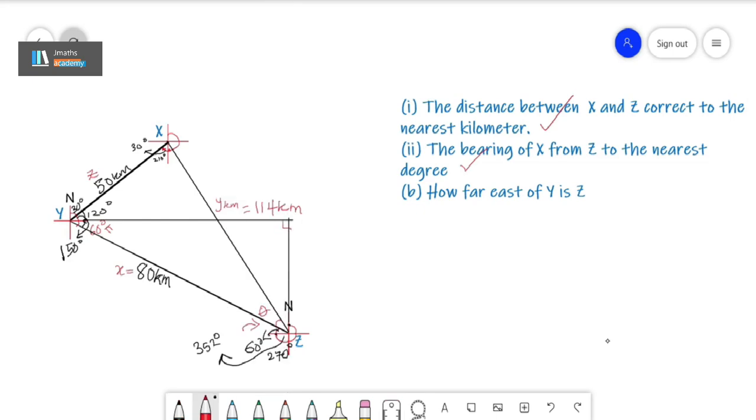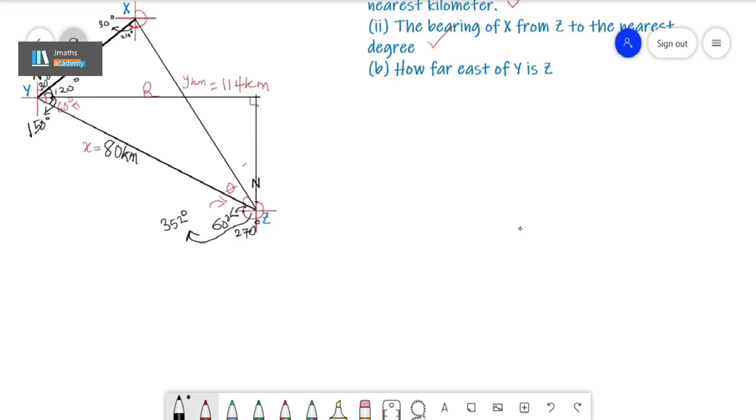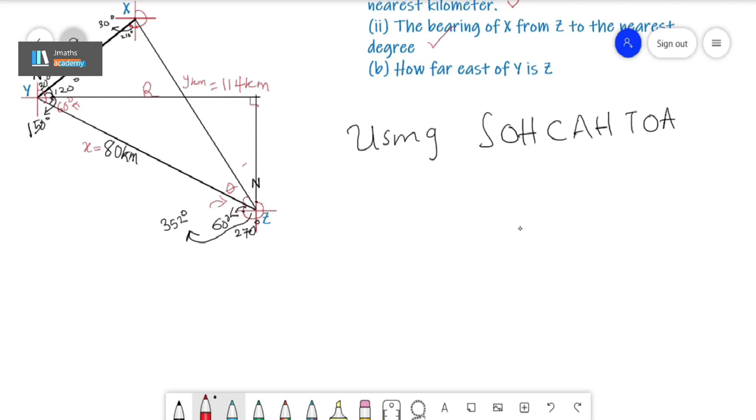This forms a right angle triangle. Okay. So using SOHCAHTOA rule, we know that this is a right angle triangle where this side is our hypotenuse, this is our opposite, and here is our adjacent.